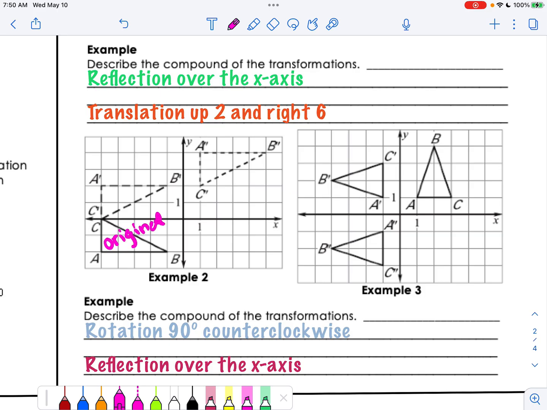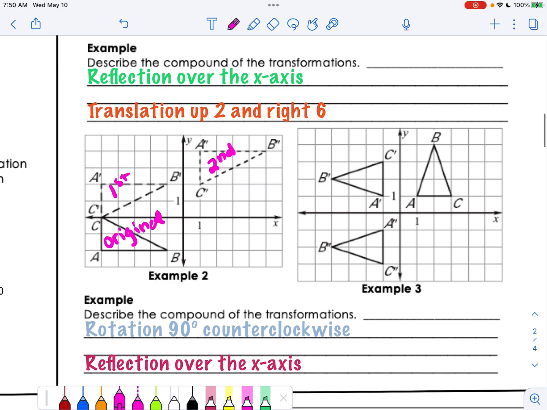This first triangle, down to the left, is after our first transformation, and this one's after our second transformation. I can tell that by the marks. So the original was flipped over the x-axis, flipped upwards, and then it slid over and up. Actually, right 6 and up 2.